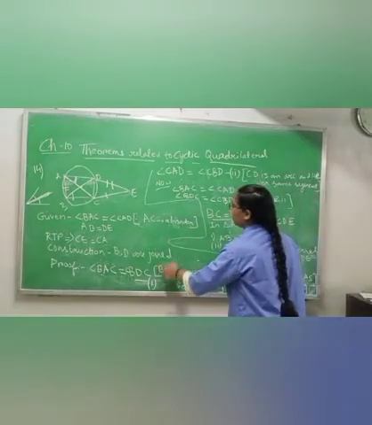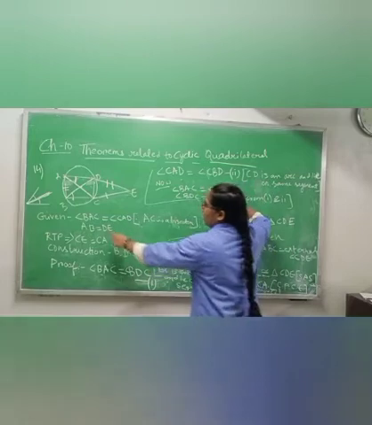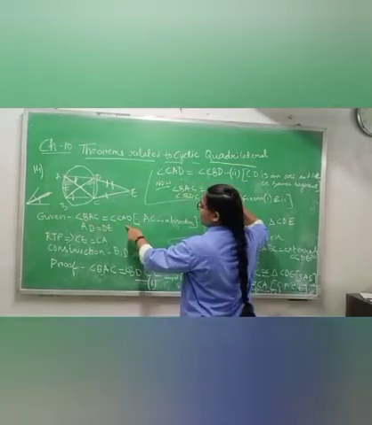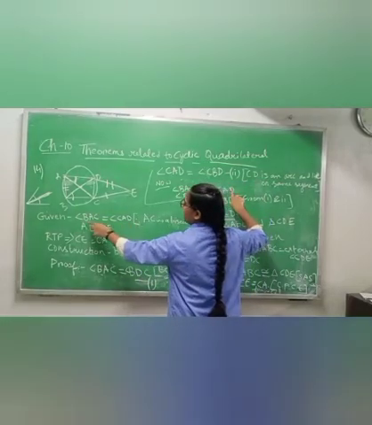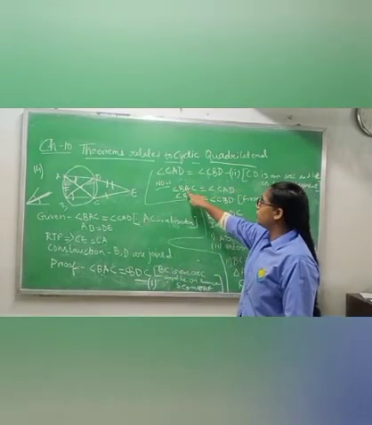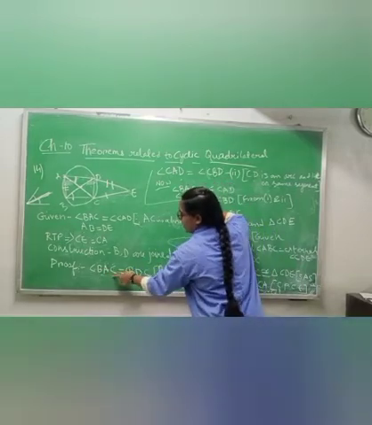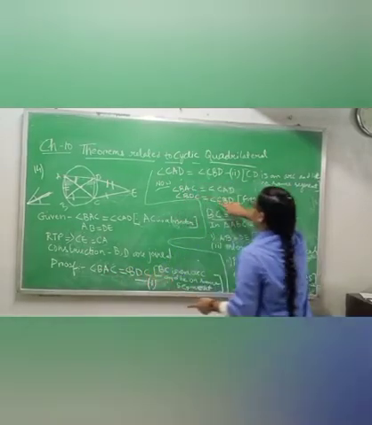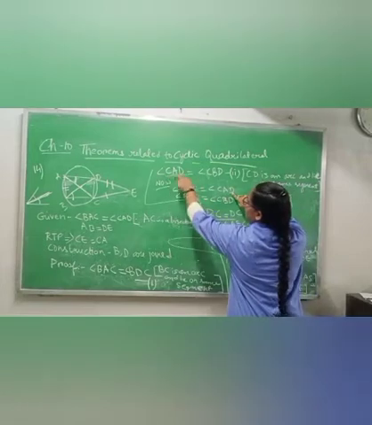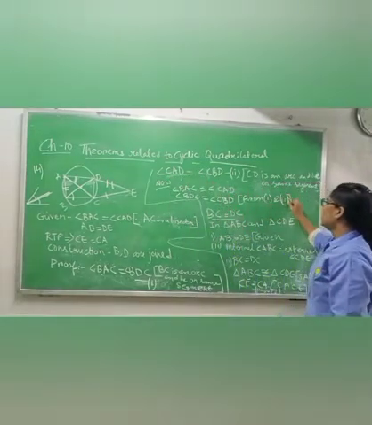I have given equation number 1 and equation number 2. This one is already written in the given part, I am copying it from there. BAC is equal to CAD. Now in place of BAC I am writing BDC from equation 1, and in place of CAD I am writing CBD from equation 2.